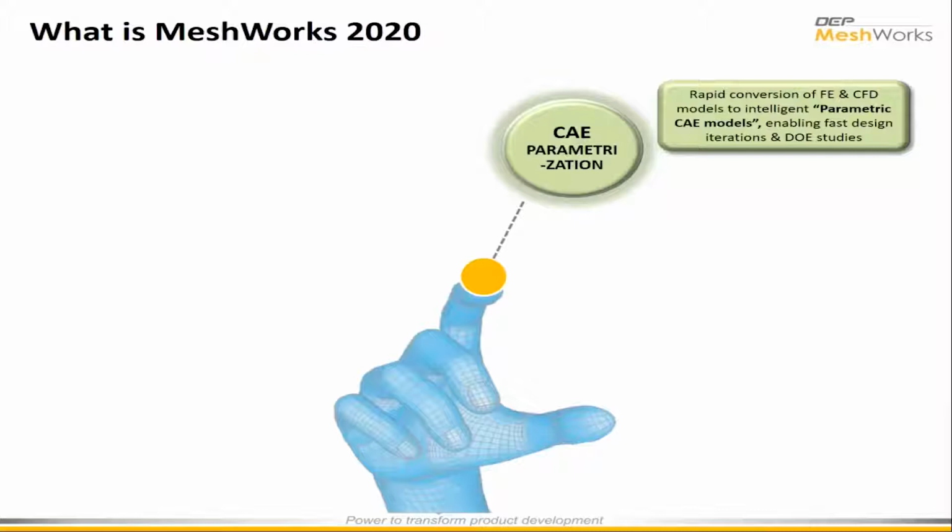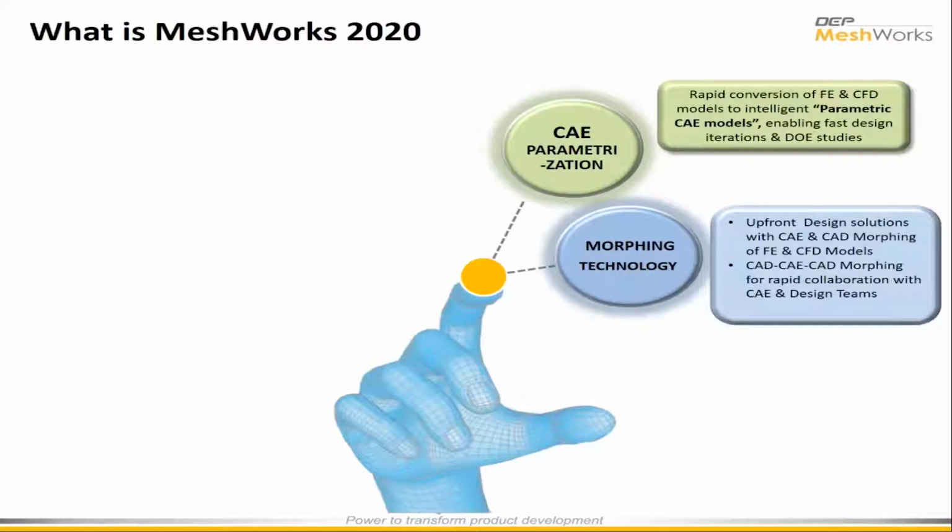So coming into MeshWorks 2020, it's a powerful tool which has the CAE parameterization capabilities, where you can completely parameterize your FEA and CFD models. The next technology is our bread and butter, where morphing comes into the picture. With our morphing technology, we can give upfront design solutions for CAD and CAE models.